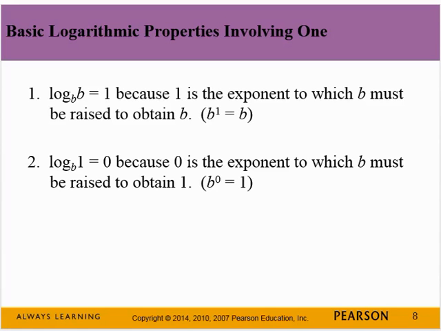So there's some basic logarithmic properties involving 1. If you have log sub b of b, that's going to be 1, because 1 is the exponent to which b must be raised, so b to the 1 is just going to be b. Log b of 1 equals 0, because 0 is the exponent, so b to the 0 is going to be 1.